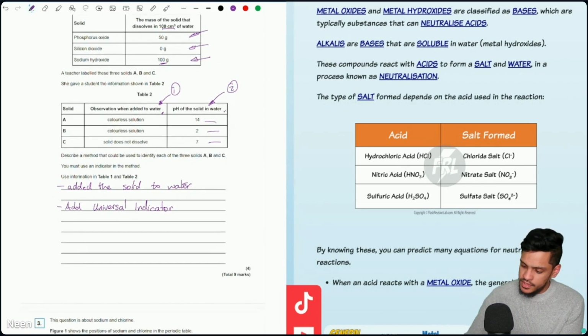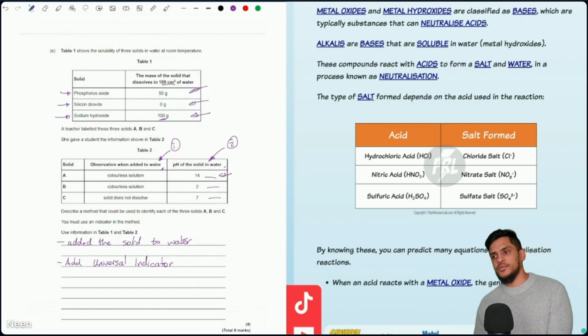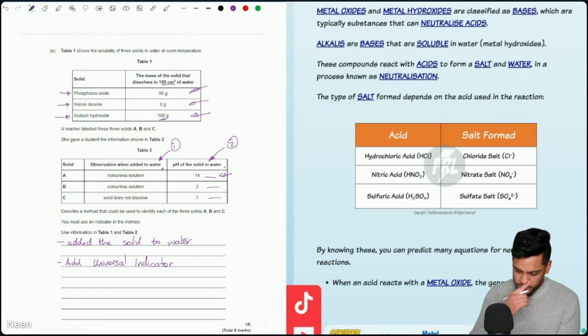So for example, solid A, what is solid A? It's the one that's got a pH of 14. Out of these 3 things, which one would have a pH of 14? pH of 14 means it's alkali. What type of compounds are alkali? So think about what alkalis release. Alkalis always release OH minus, isn't it?